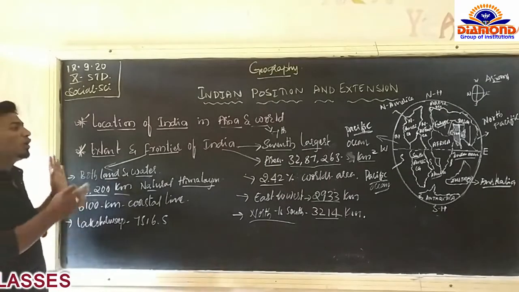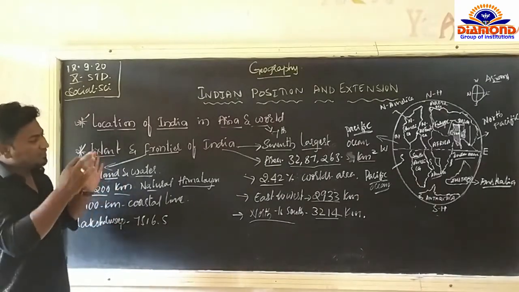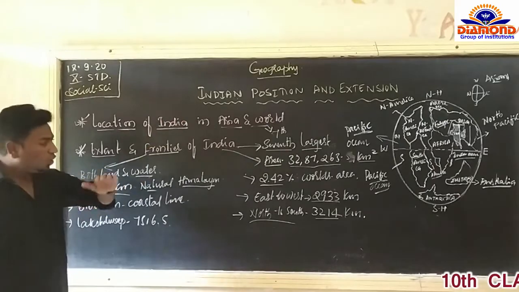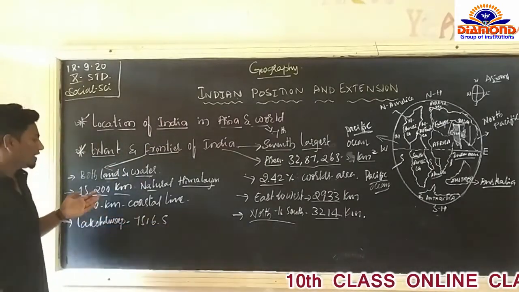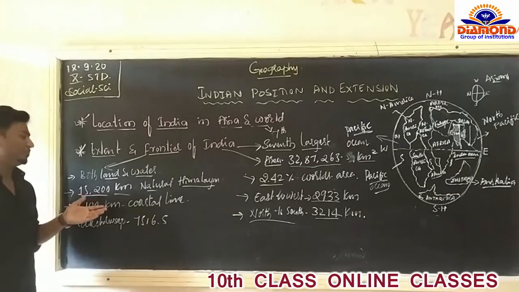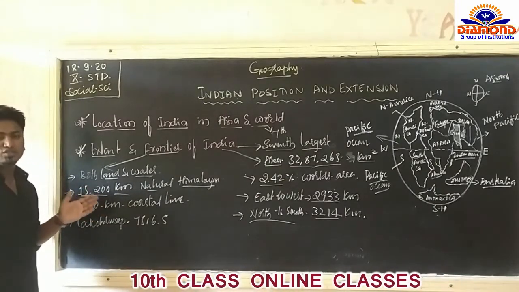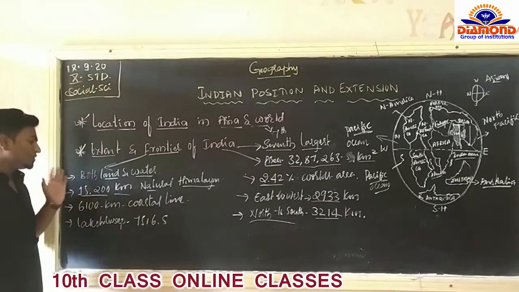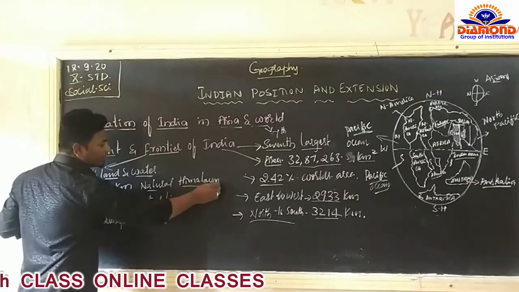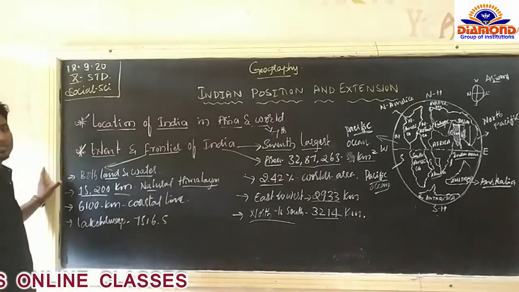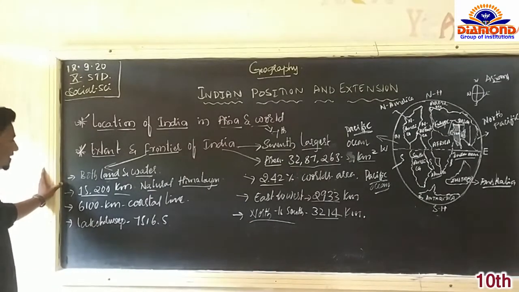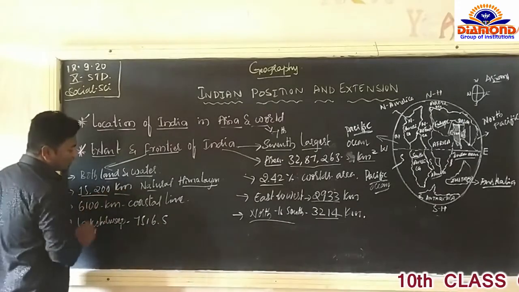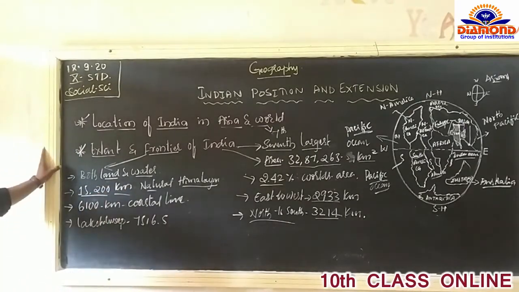We can talk about all kinds of natural beauty: Kashmir, the snow, the ice, different kinds of ranges, high ranges which impact the world, belonging to India. That is the 15,200 kilometers of natural Himalayan ranges.